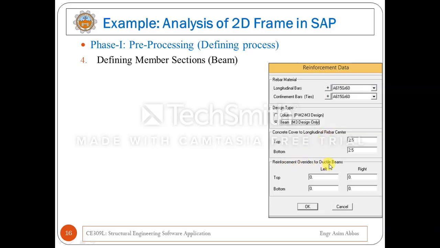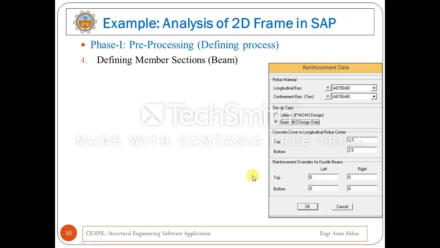In today's class I will explain in great detail the design type, and a little bit about the longitudinal bar and the confinement bar. The rest of the information will be discussed in the upcoming lecture, inshallah.